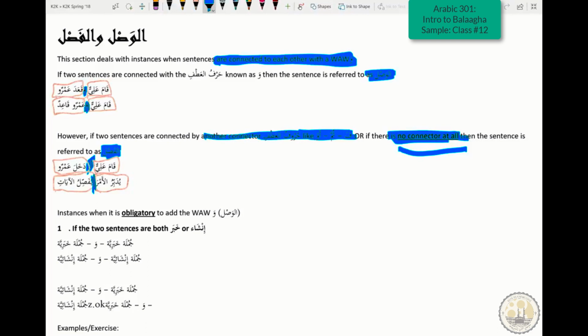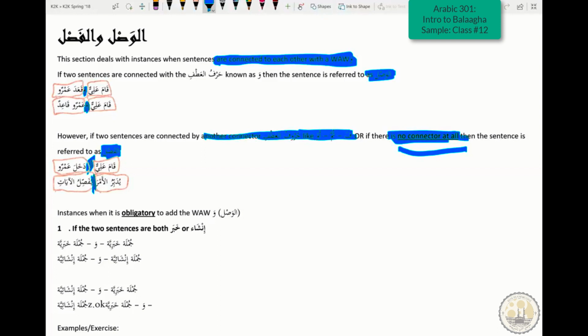Now in this class, inshallah ta'ala, now that we know what is al-wasl and what is al-fasl, we are going to learn those instances when it is obligatory to add the waw between two sentences, thus becoming wasl.